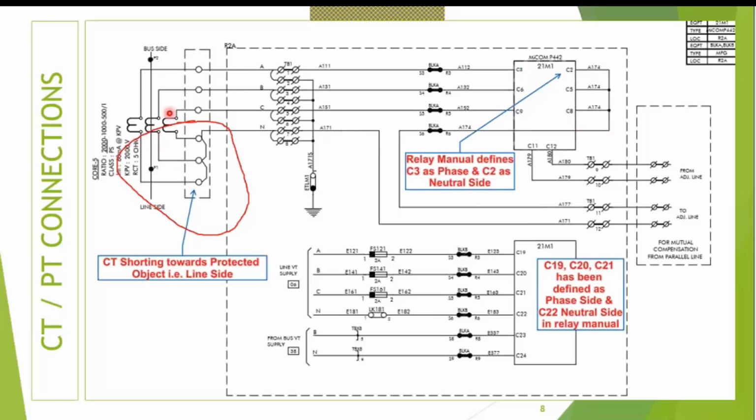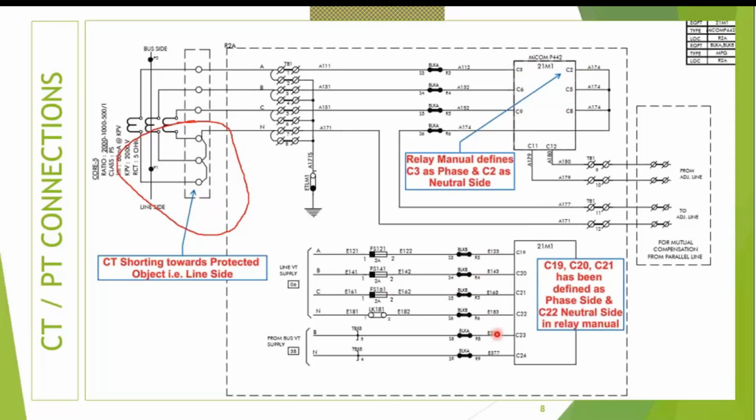So that there are two polarities. One in the CT hardware itself, the secondary junction box or the JB, and the relay. In the relay, it is mentioned which is the entering side and which is the outgoing side. So only current entering through C3 and C2 will be taken as current at angle 0. If the current enters through C2 and goes out through C3, it will be taken as a 180-degree current with respect to the voltage.